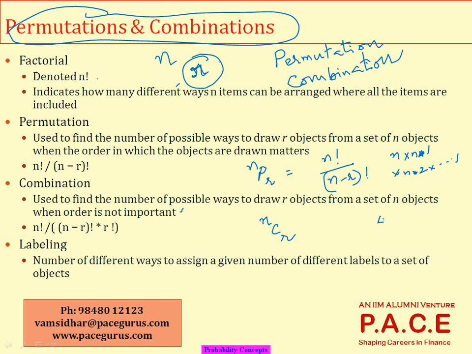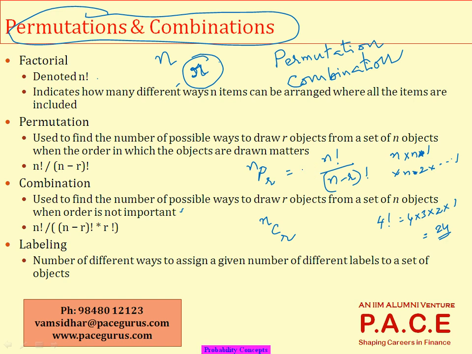Which means 4 factorial is 4 into 3 into 2 into 1, which is 24. Any number that is multiplied down to 1 in a decreasing fashion is what we call factorial.